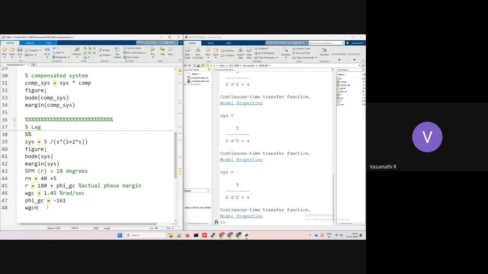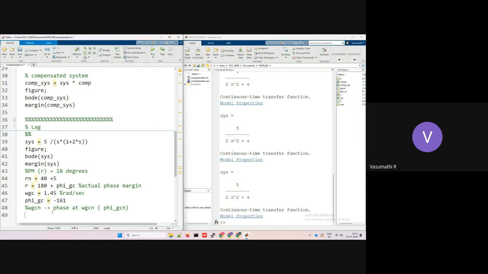How do you find it? By finding the phase at the new gain crossover frequency, omega GCN, that is phi of omega GCN. I know it is confusing, but just assimilate the steps for now and do it by yourself again. And if you encounter any doubt, please let me know.